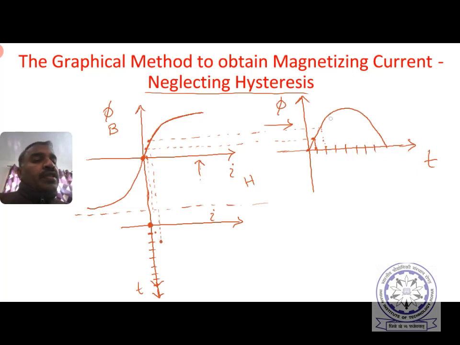Then the third time instant. Now we are in the saturation portion of the BH characteristic. Therefore you will observe a peak in nature here.